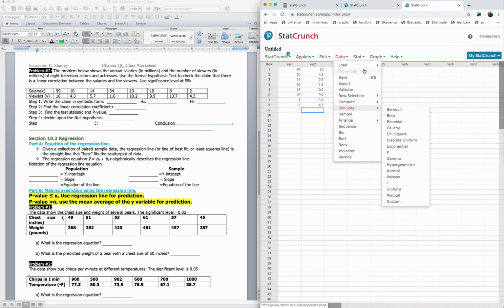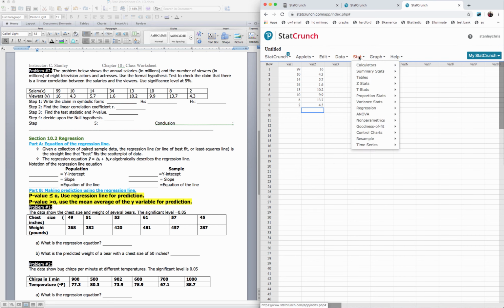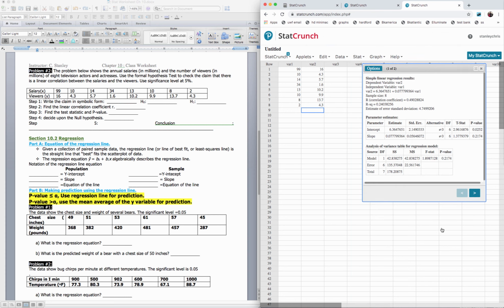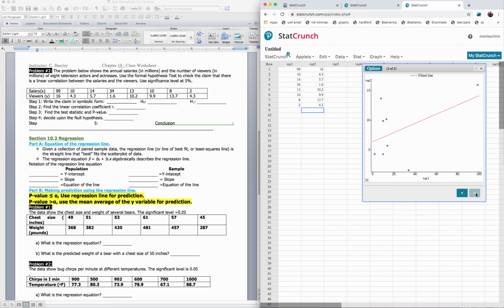I always like taking a look at the picture. So this is always regression, simple linear, and compute. That's always going to be the steps. Just going to take a quick little picture, and this doesn't really look that great.